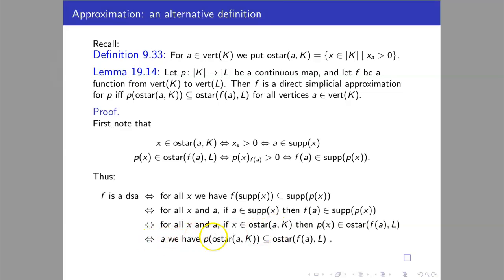It says for all A, P of the open star of A is contained in the open star of FA. And that's what we were supposed to be proving, that f is a direct simplicial approximation if and only if P sends the open star of A into the open star of FA for all A.